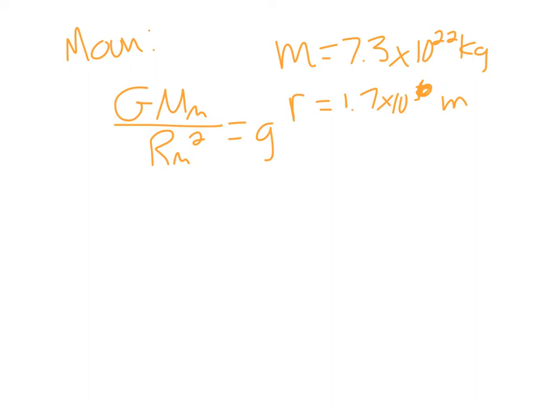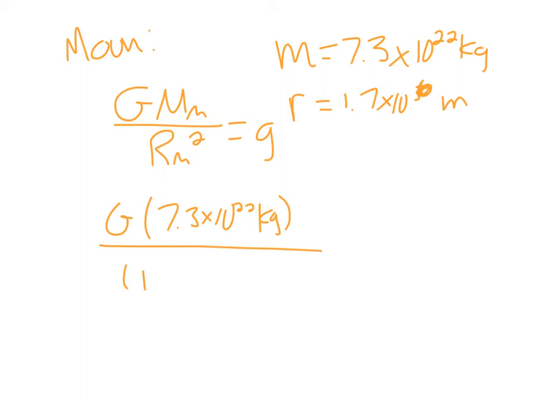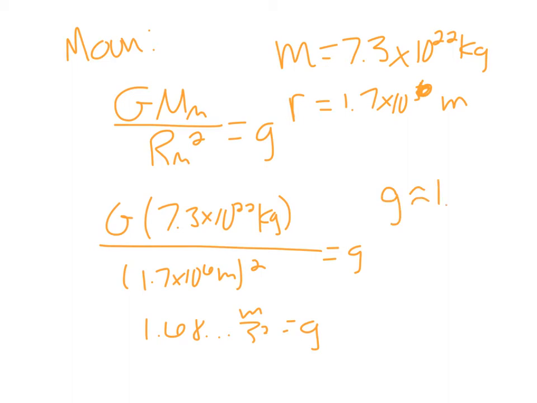So using these numbers, for the moon we're going to put in G and then 7.3 times 10 to the 22nd kilograms over 1.7 times 10 to the 6th meters squared equaling g. And we get 1.68, keeps on going, meters per second squared equal to little g on the moon. So little g on the moon is about 1.7 meters per second squared.